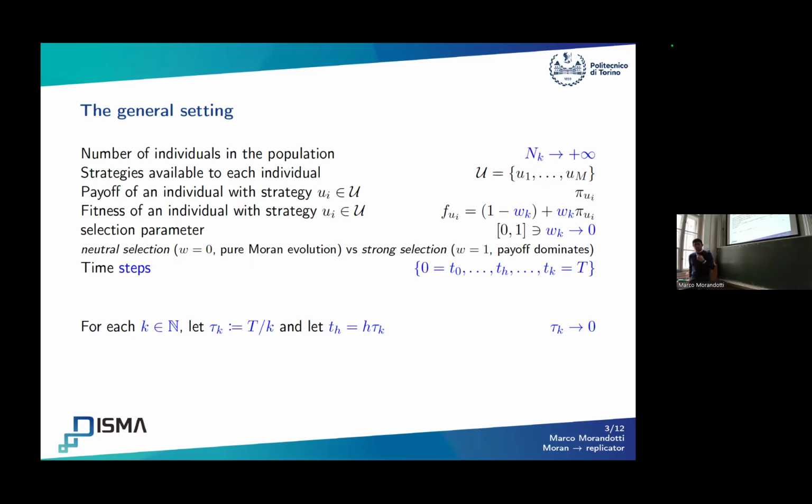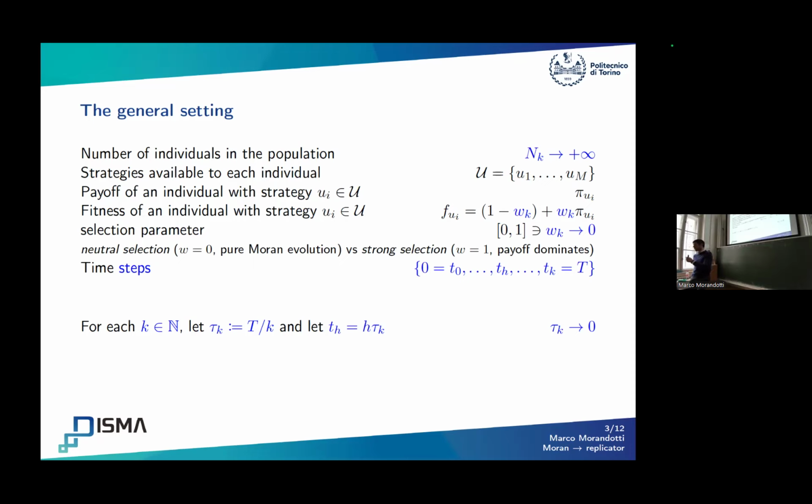When we want to perform a limit, we do it in this way. We discretize time, and tau k is the time step. We consider sequences of time discretizations paired with sequences of numbers of individuals going to infinity and of weakness of selection parameters going to 0.